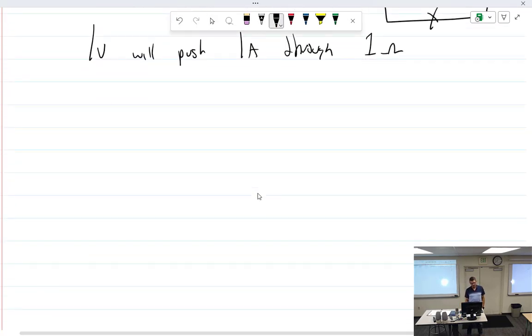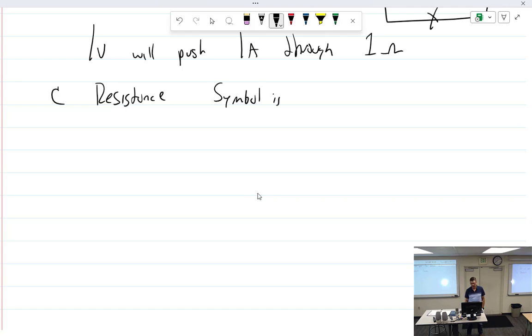A resistance. The symbol is R and the sign is Omega.